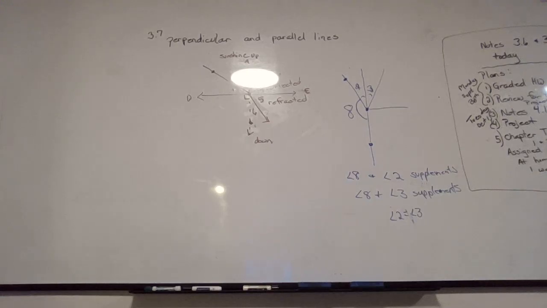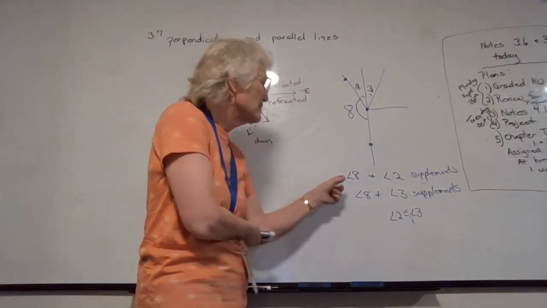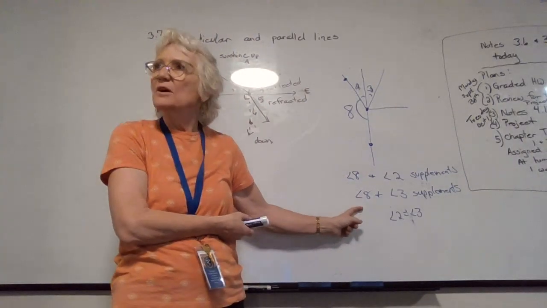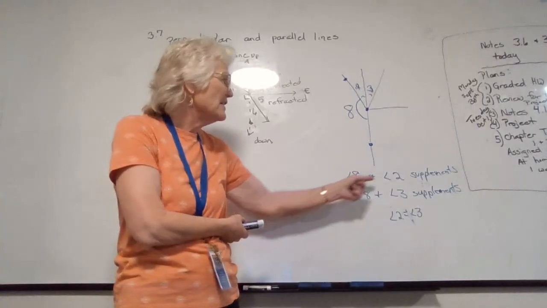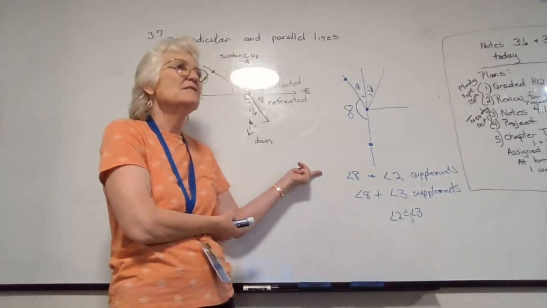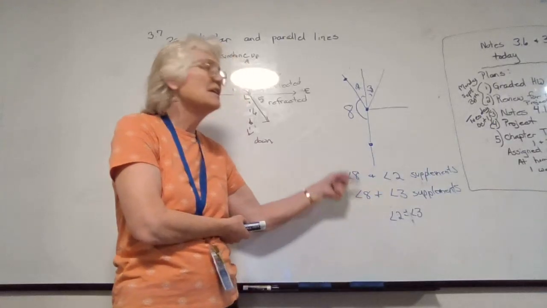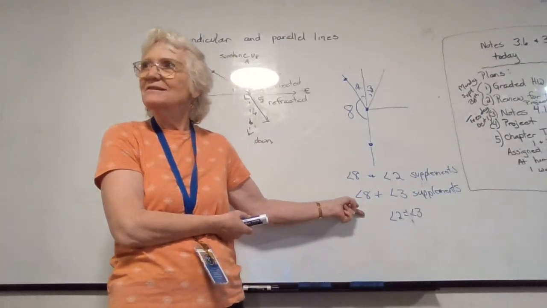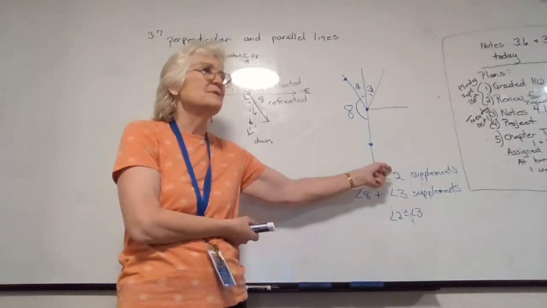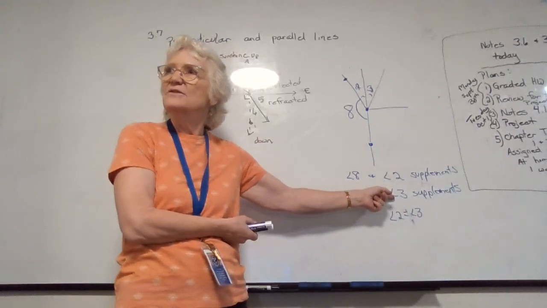Because they're both added to angle 8 to make the same answer. Yeah, when I add these, angle 8 is going to stay the same, right? So if I add these two to get 180, and these two to get 180, because angle 8 is the same in both cases, 2 and 3 have to be the same, because they're going to equal 180.